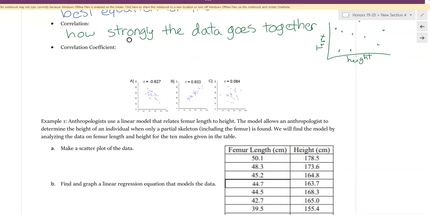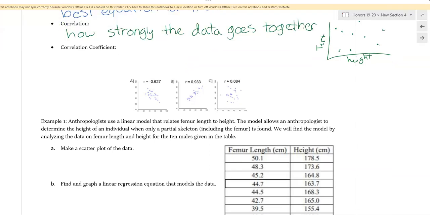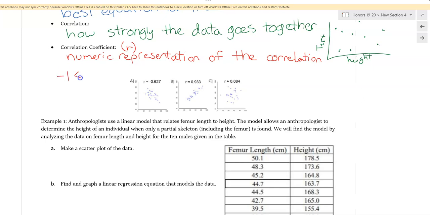Okay? And then we have this correlation coefficient. It's a numeric representation of the correlation. I cannot spell today. And it's represented by the letter R. Okay, R is always between -1 and 1.